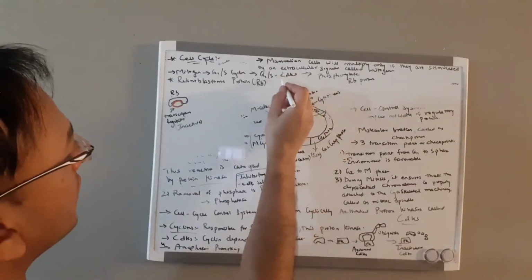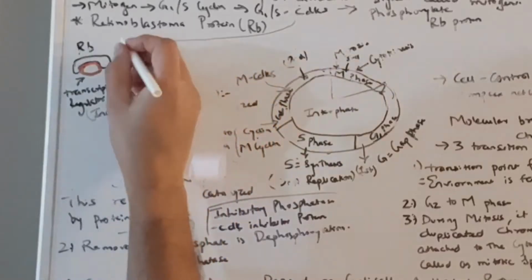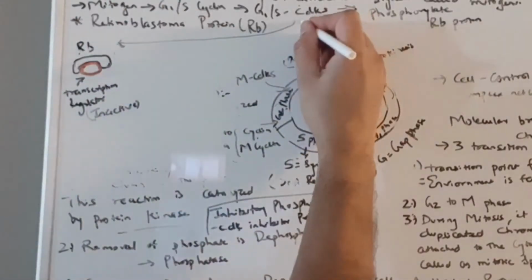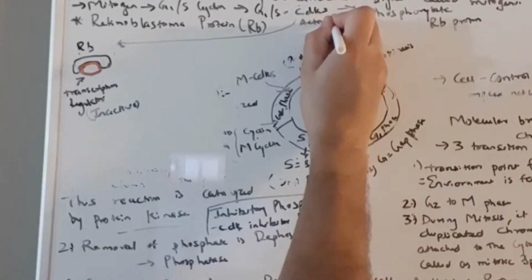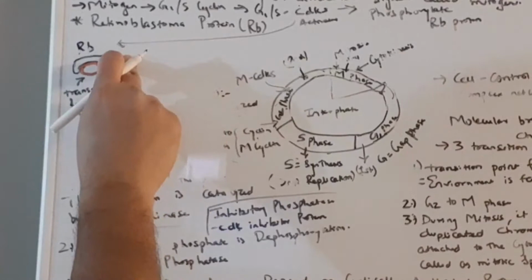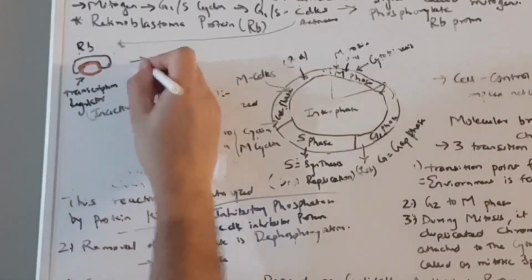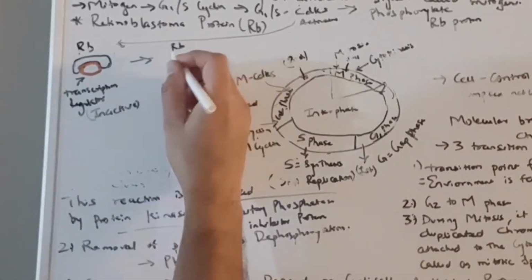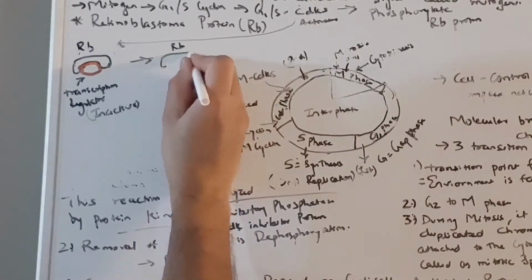I will just write it down. This is an activated CDK. So this activated CDK acts on this protein, and then what will happen to our RB protein?